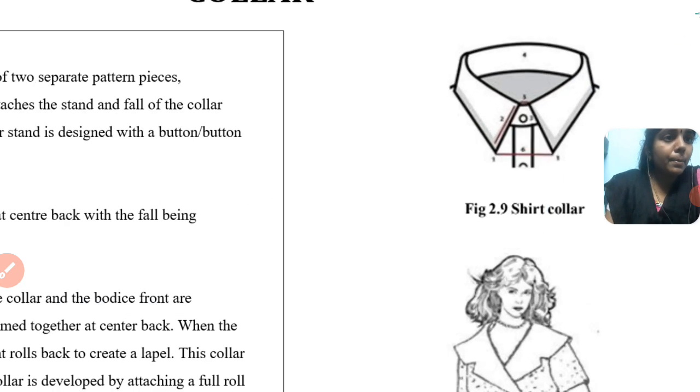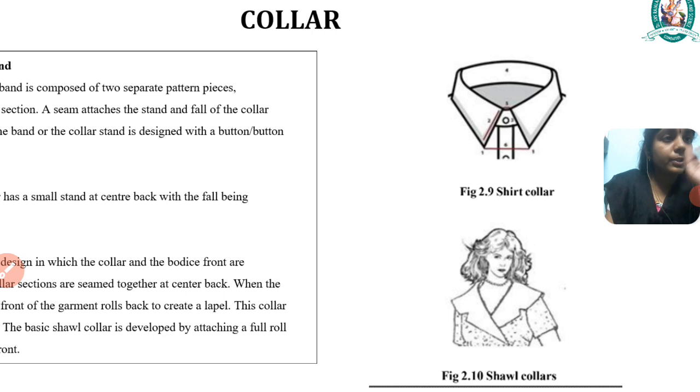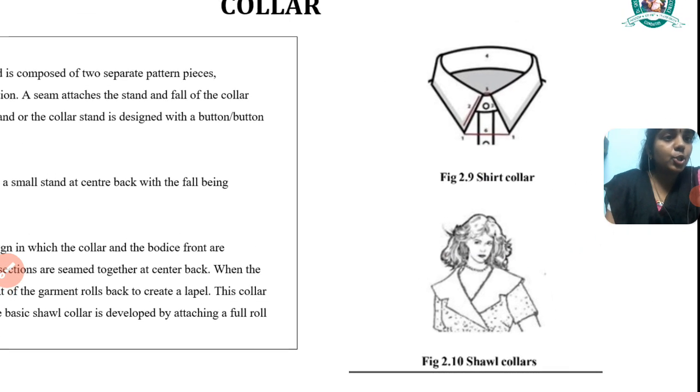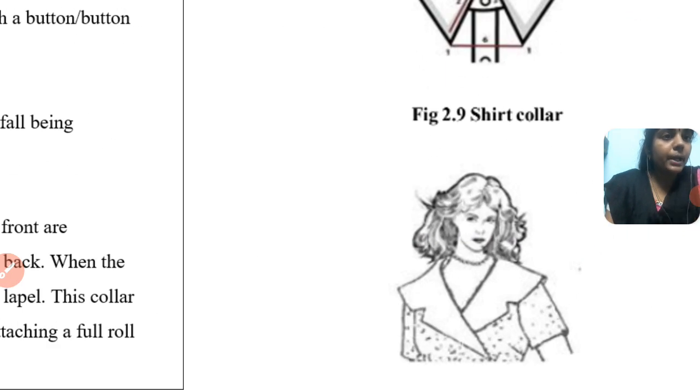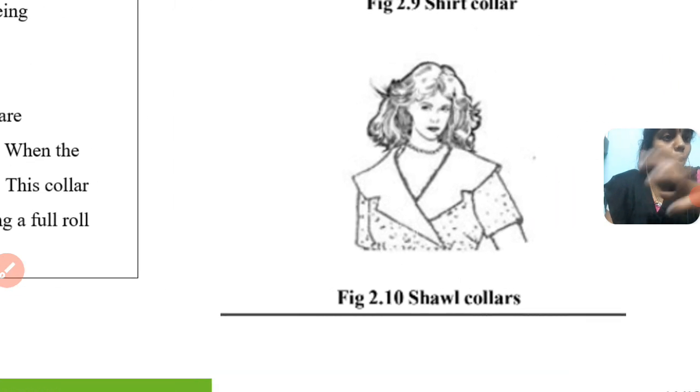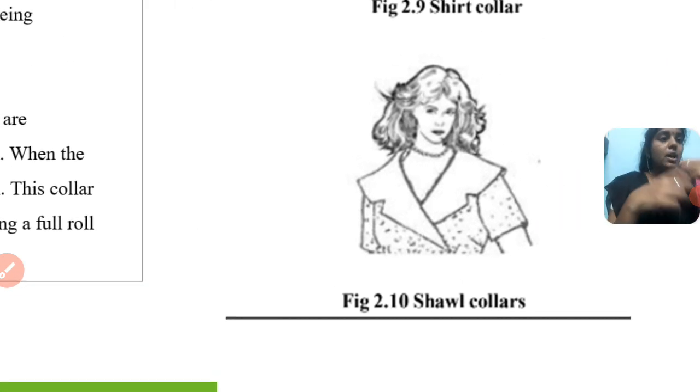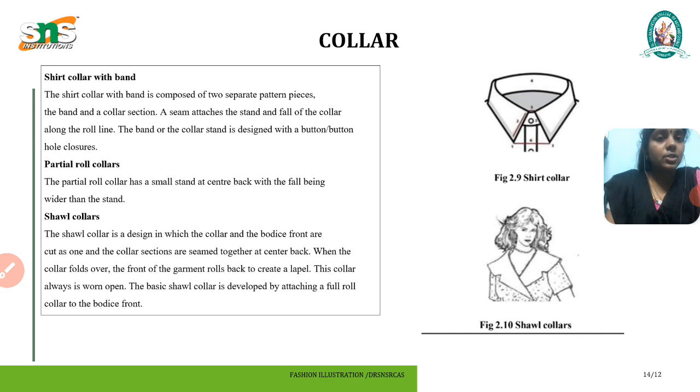Shirt collar is a very basic type, and it is one of the best. It is mainly used as a formal one. Next one is the shawl collar. It is a bigger collar. It was mainly used in coats, and it has a good look. It is the shawl collar.